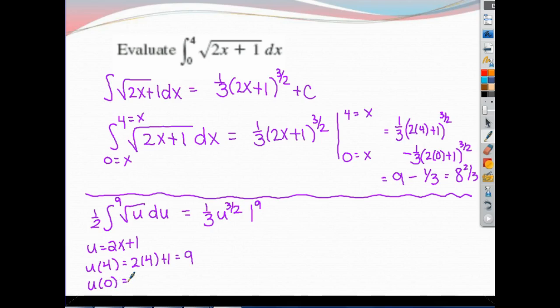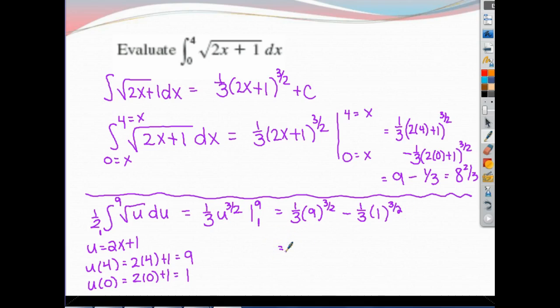If I plugged in u of 0, not 1/3, it would become 1, because it's 2 times 0 plus 1. So this bound here would change to a 1. So now plug in 9 for u and plug in 1 for u.